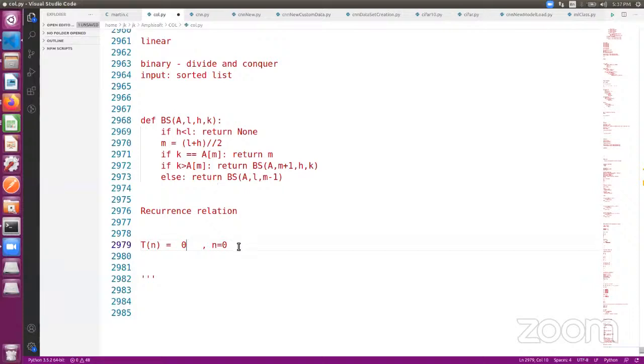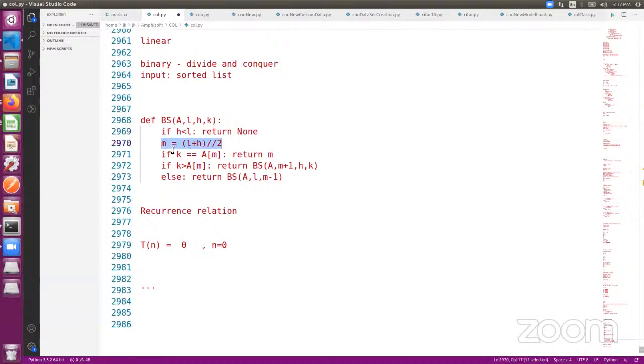So if the number of elements is 1, what happens? There are two conditions: either the element is present or it is not present. Once we find out that there are elements, immediately we find the mid element.